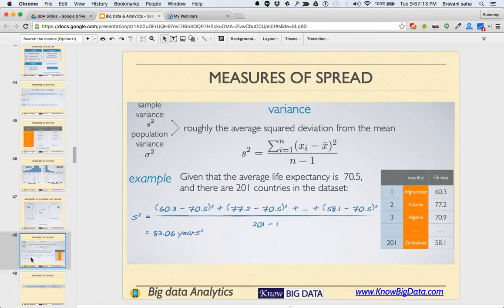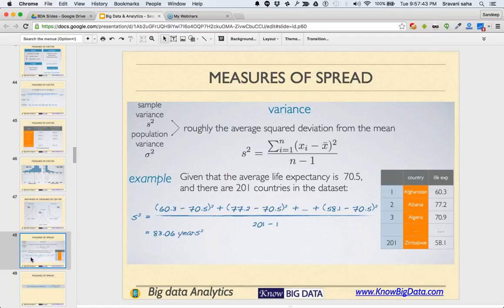So that is the measurement of spread. Or take the example which we have been talking about so far. Given that the average life expectancy is 70 and there are 201 countries in the data set, you can compute how much people differ from the average.